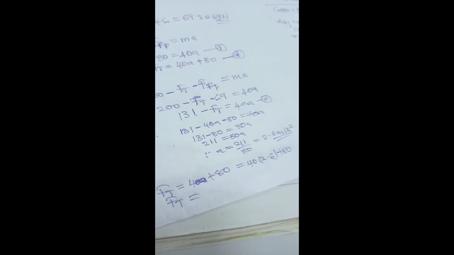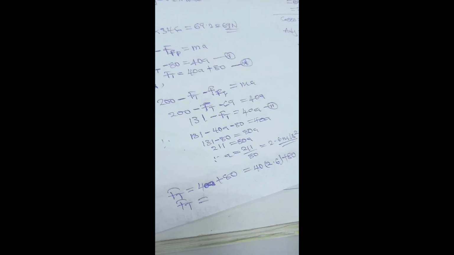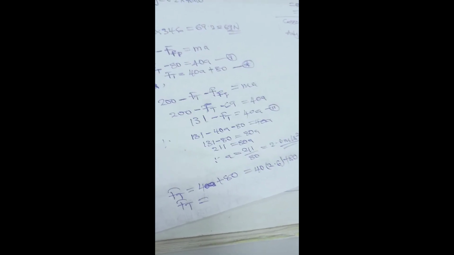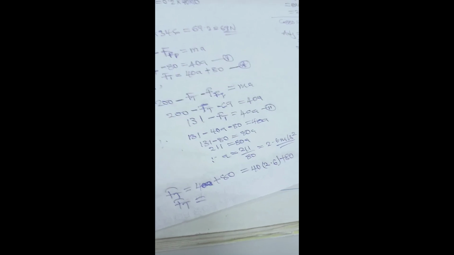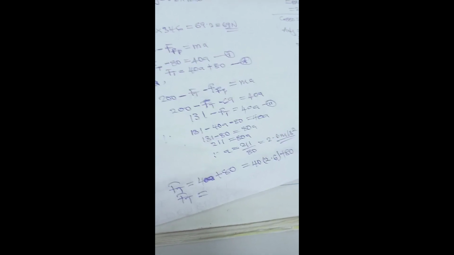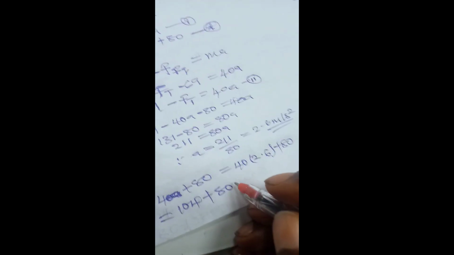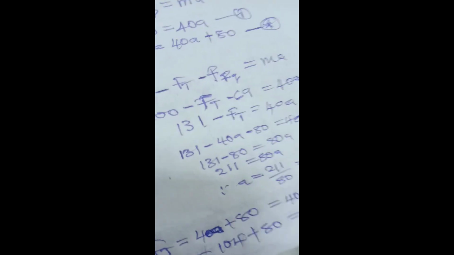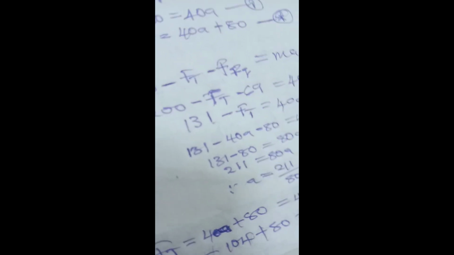Then F of T is equal to 40 times 2.6, that's going to give us 104 plus 80, and that's going to give us 184 Newton.